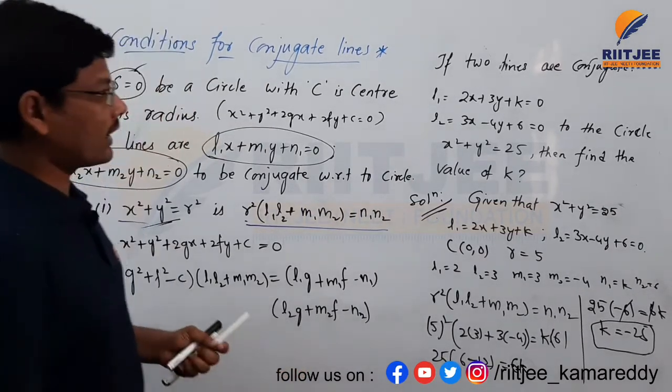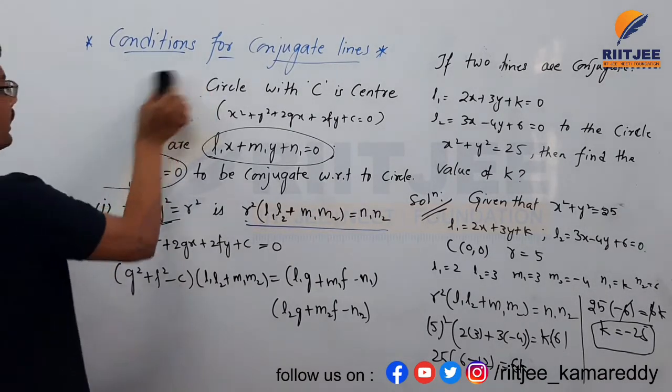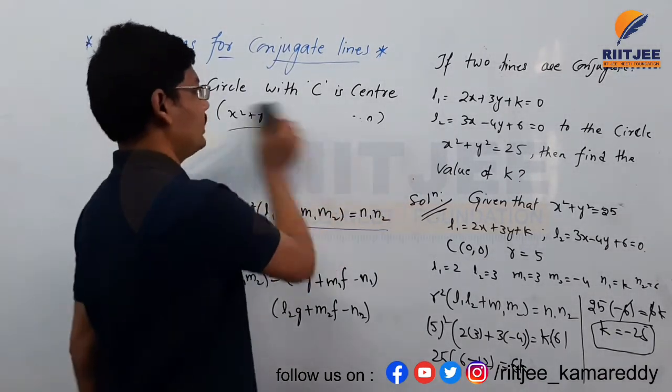That is about the polar lines of a circle. Next, you can solve one on your own. I am giving one question here.